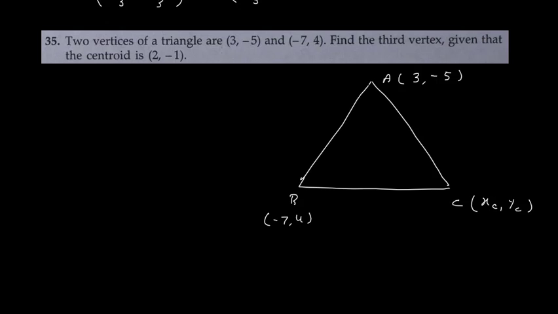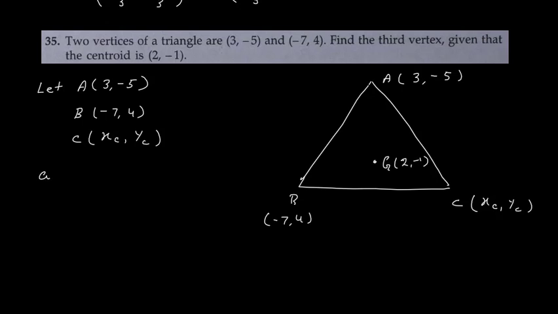So I will say let A is 3, minus 5. B is minus 7, 4. And C, the coordinate is unknown, so xc, yc. And centroid G is 2, minus 1.